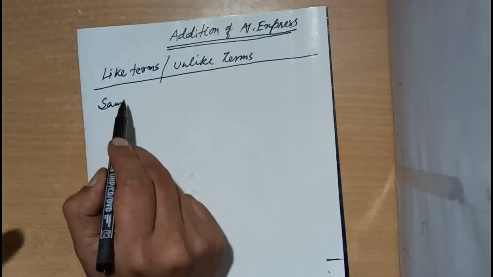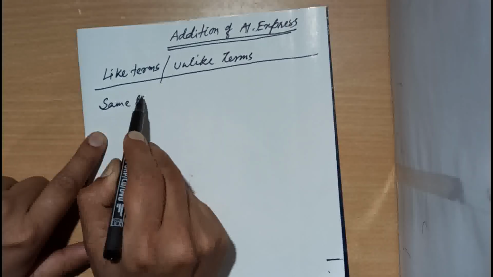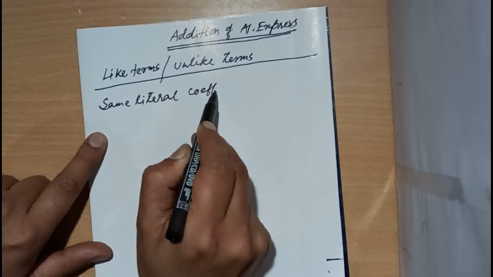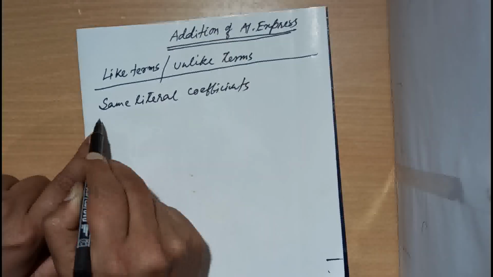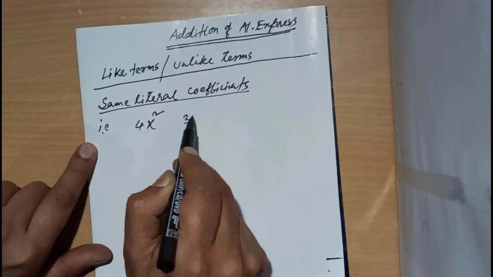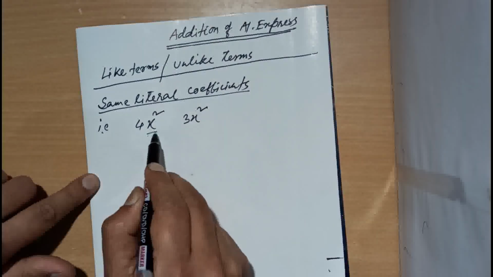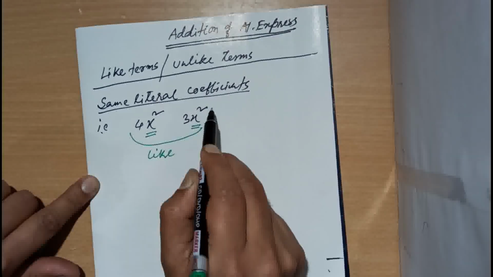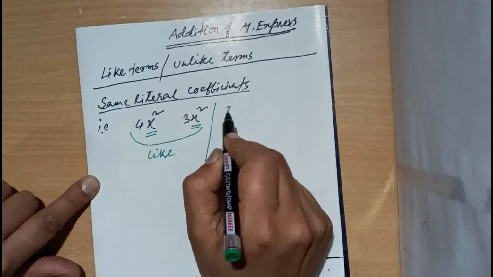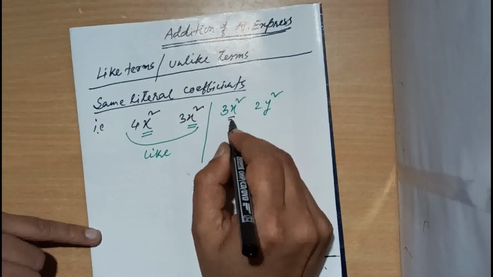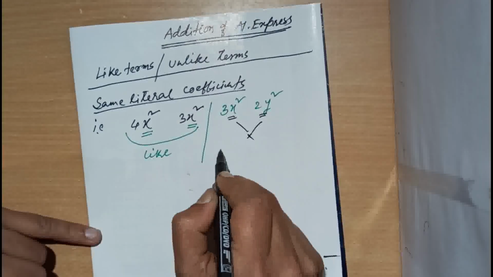Like terms are terms which have the same literal coefficient. That means, for example, 4x square and 3x square. Here the literal coefficient is x square in both cases. Therefore these two terms are like. And unlike terms, for example 3x square and 2y square: the literal coefficients are not the same, so they are unlike terms.